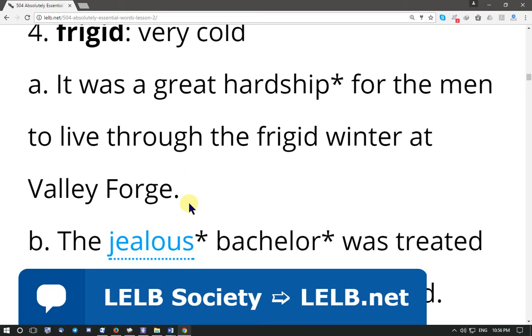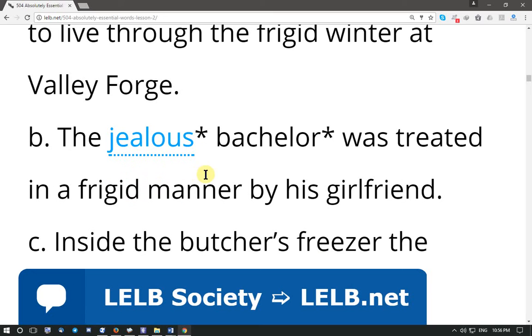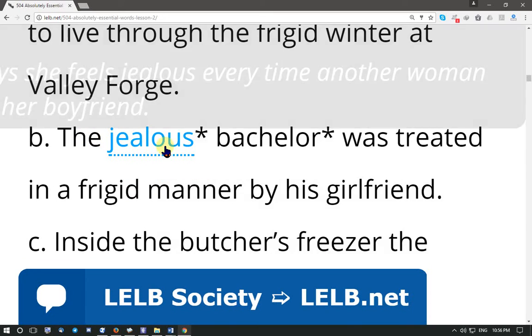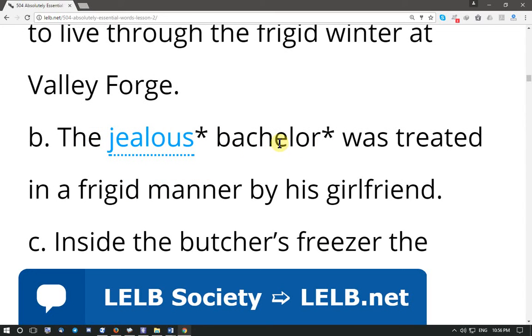It's clear. Sentence B. The jealous bachelor. We covered it in the first unit or lesson. It means a boy who has not married before, an unmarried man, was treated in a frigid manner by his girlfriend.